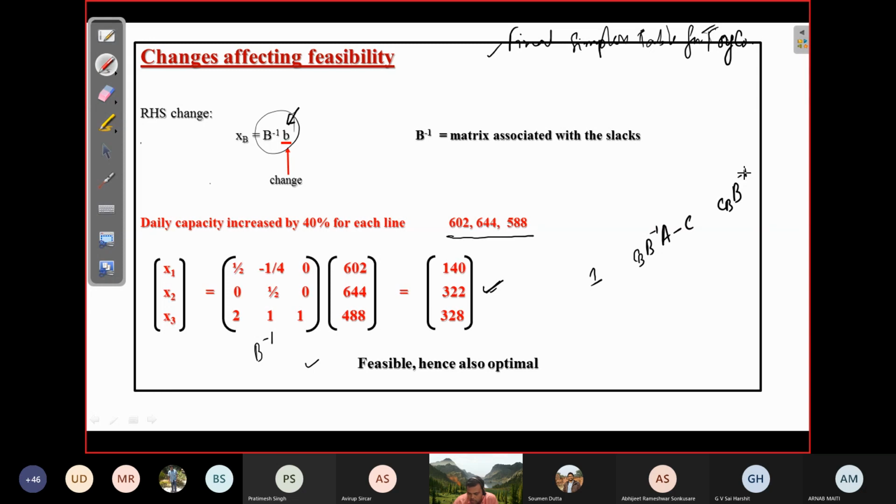So small b is not affecting the first row, which means it remains unaffected. The current solution was already optimal, and for the new one also it will be optimal. The moment we get a feasible solution here, we also say it is optimal. Do you all agree with me or not?